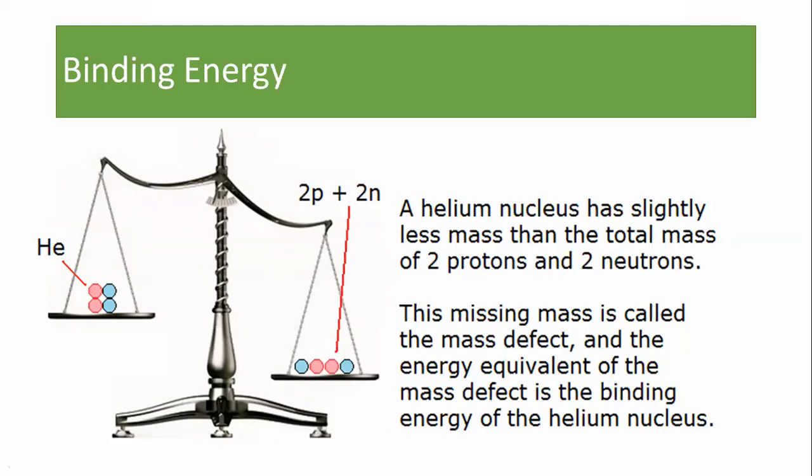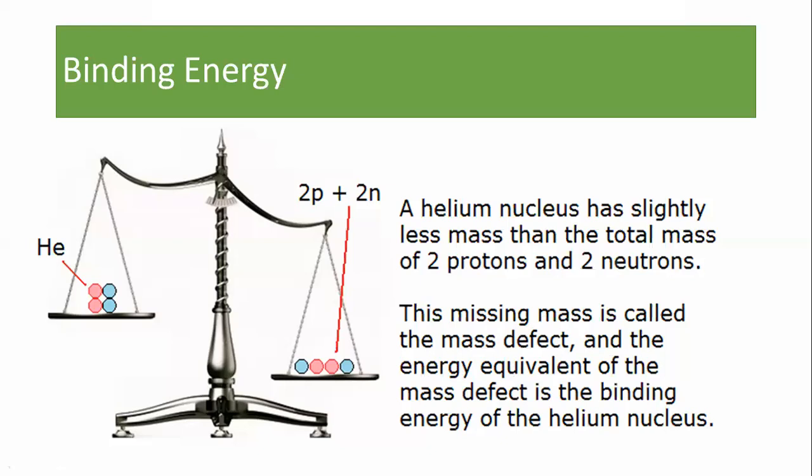Where is it going? It is converted into energy with Einstein's equation E equals mc square, and you can convert the mass into energy. In the previous lecture, we defined and calculated the conversion factor, which was 931.5.